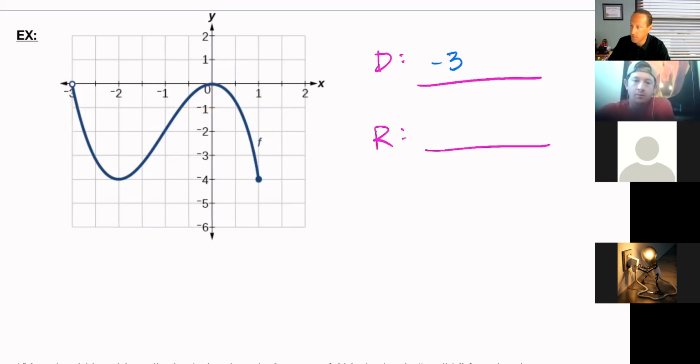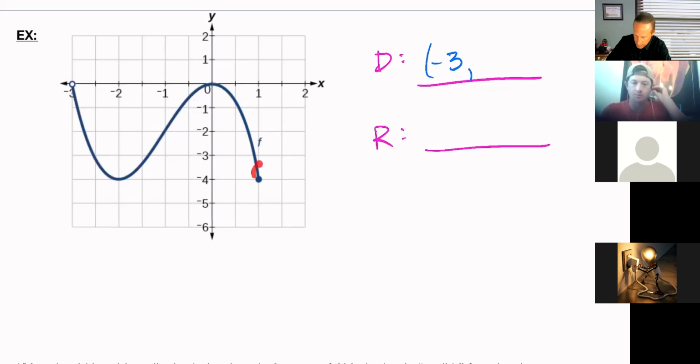But is it included? Nope. Good. It's not included. That's why it's got this open dot. But what about -2.9 and -2.9999999? All of those. That's why we don't say anything other than start at -3, but not -3. Anything to the right, all of this for my x's until I get to what?